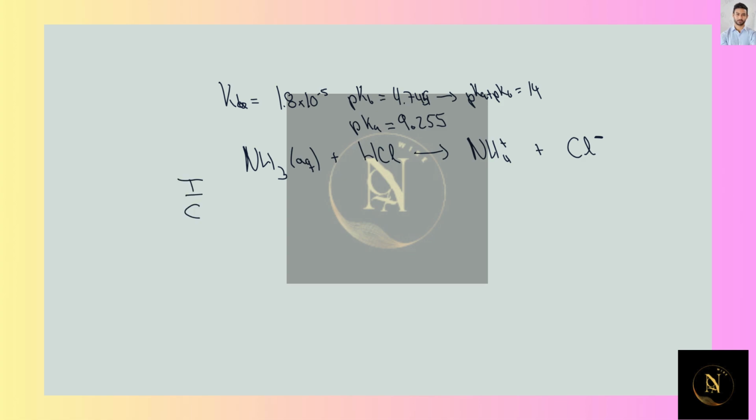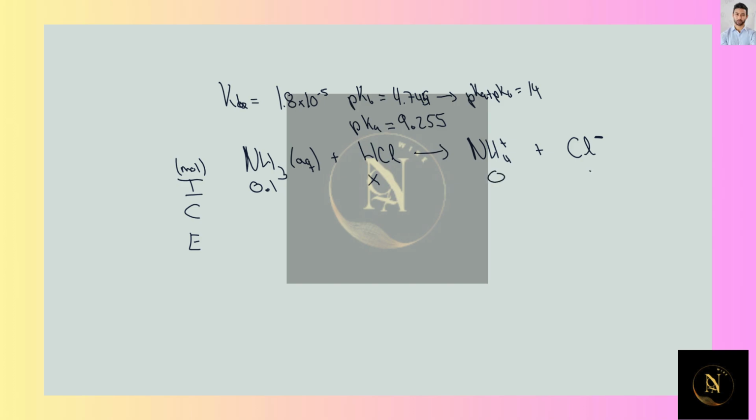I'm going to do the ice table in terms of amount of mole that I need to add, because we don't know how much of HCl we need to add to the solution. In this case, initially of NH3, I'm going to have 0.1 mole per liter of solution. Of HCl, I'm going to call this quantity X because I don't know how much that is going to be.